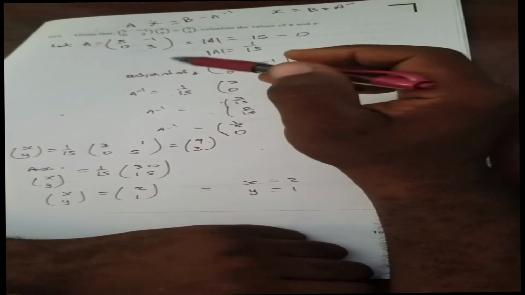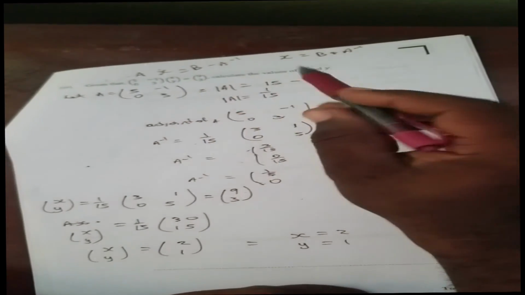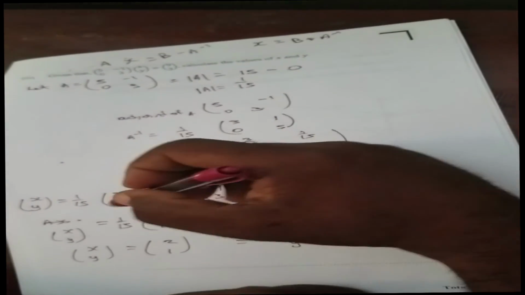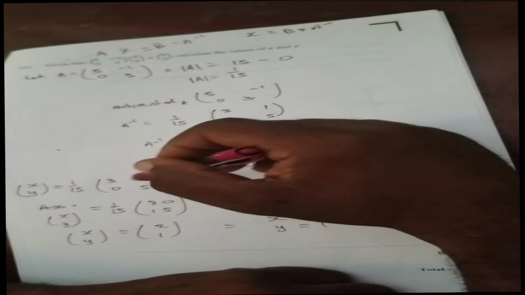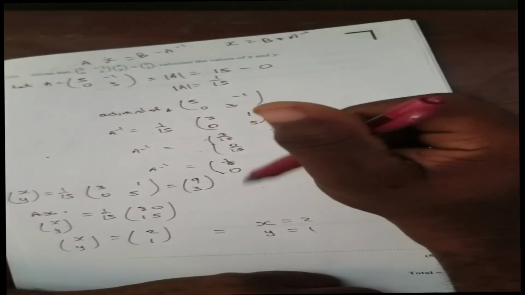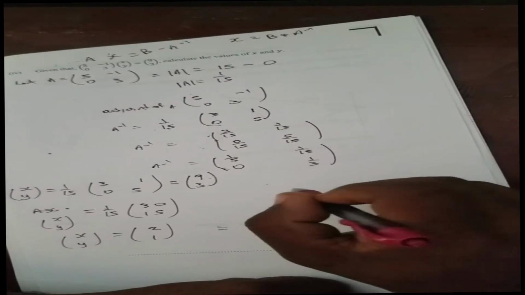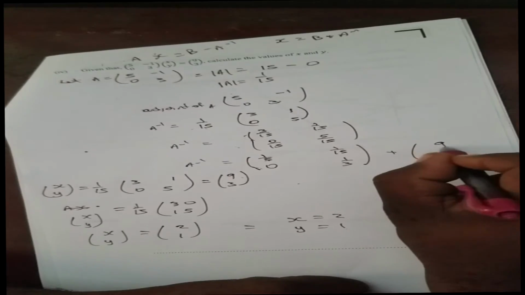So we do that now and we multiply the inverse by our matrix B. What we would get is 1 over 15 times 30 and 15.